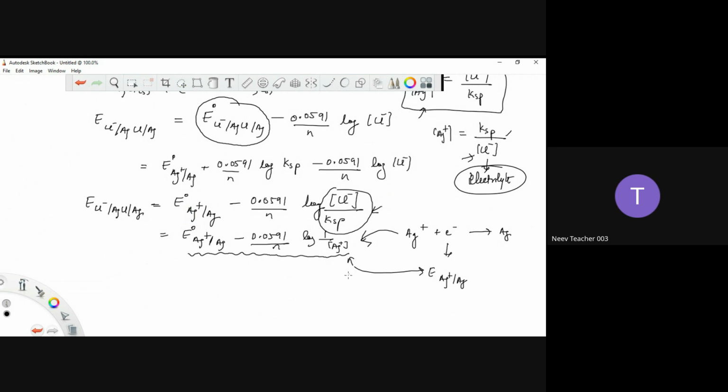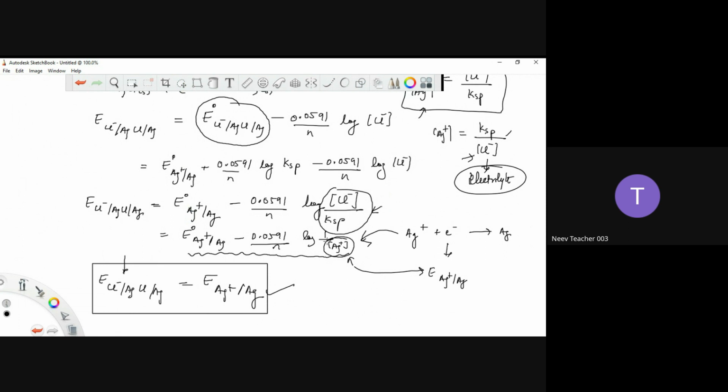Guys, tell me. So I can say our E of Cl minus AgCl Ag can be directly written as E of Ag plus Ag. And this is the important relation. Why? Because now you need not care about what this cell is. You can just write this metal, insoluble salt, anion in this form. It becomes a simple Ag plus Ag electrode. That's it.